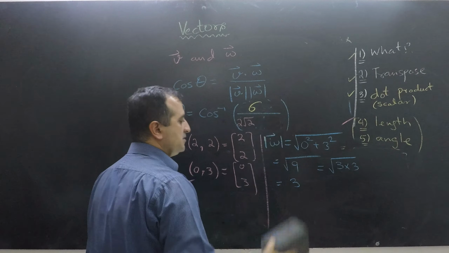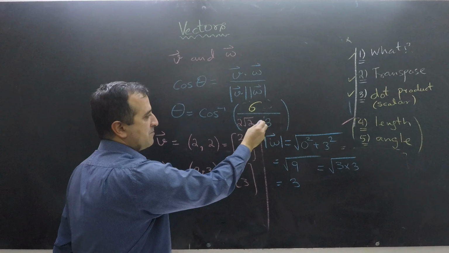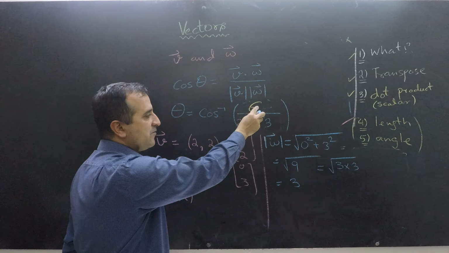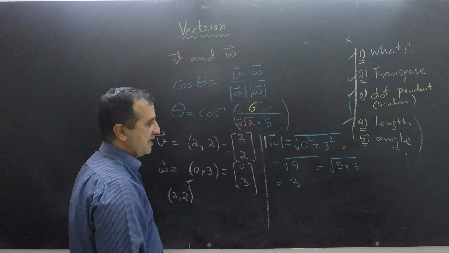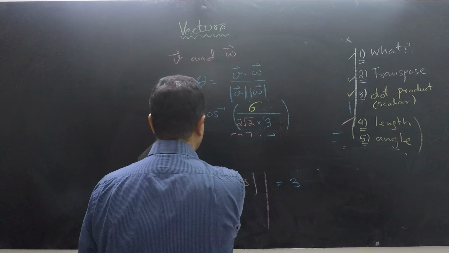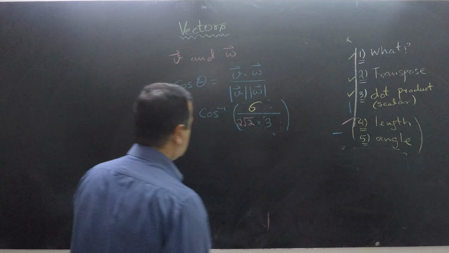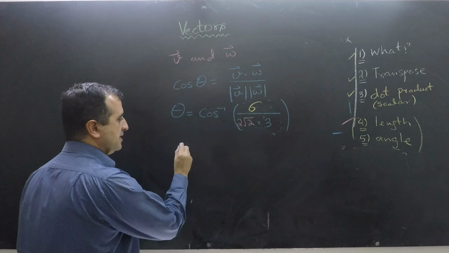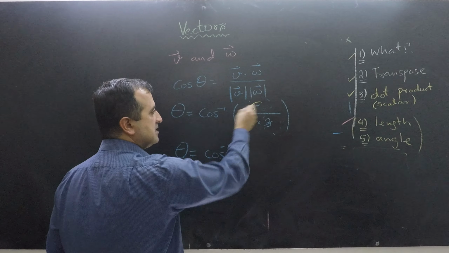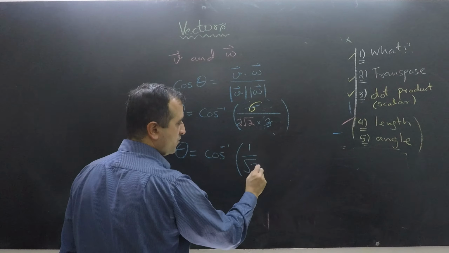Now I have to simplify this, because 2 times 3 is 6, because they are multiplying. So above we also have a 6. So that means after simplification, theta is equal to cos inverse, and because these will cancel each other, I will get 1 over square root of 2.